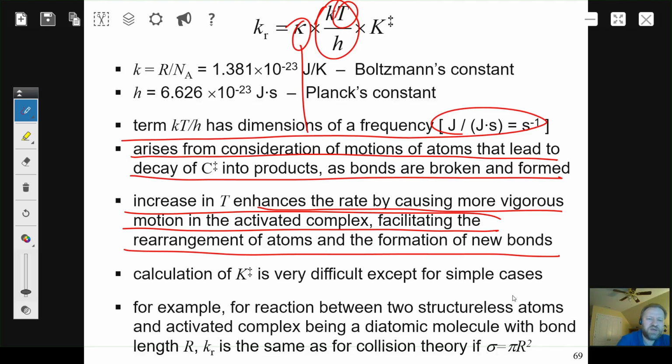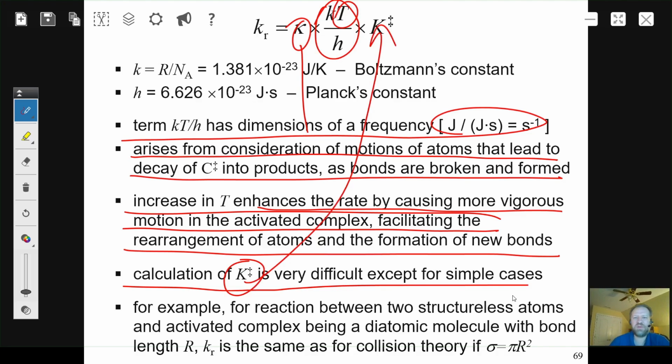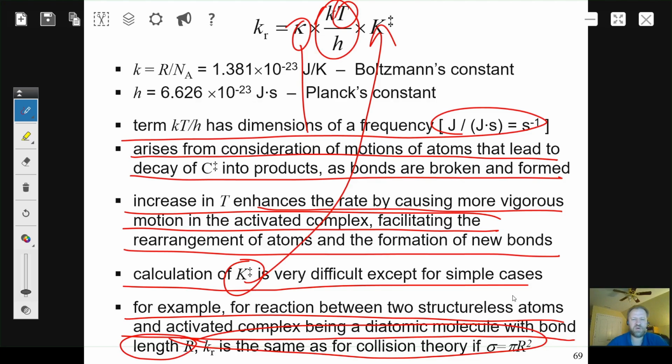Now, the problem with the Eyring equation is that the calculation of the equilibrium constant here, again, that's the equilibrium constant between the reactant species and the activated complex, is very difficult except for simple cases. If we consider a reaction between two structureless atoms, an activated complex being a diatomic molecule with a bond length R, then basically we get the same expression for the rate constant as that we got for collision frequency if the collision cross-section is pi r squared.